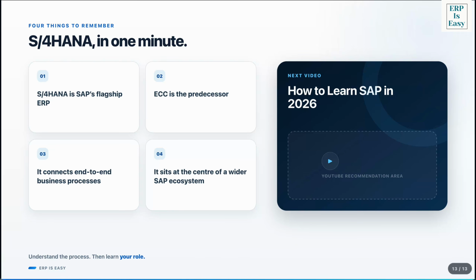A simple customer order could touch sales, procurement, manufacturing, supply chain, logistics, and finance, and S4HANA allows all of these processes to work together. And S4HANA doesn't exist by itself. It sits at the center of a much larger SAP ecosystem with products such as SuccessFactors, Ariba, Concur, Fieldglass, and BTP that exist around it.